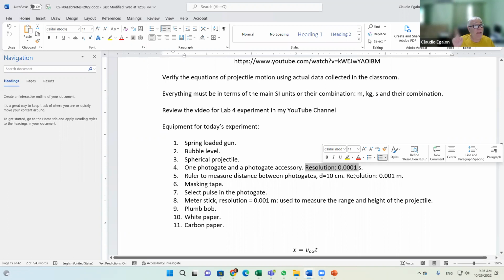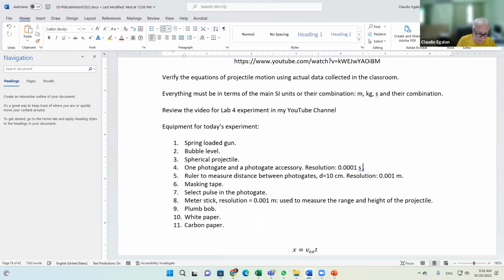Think about that. The timer in your cell phone has a resolution of a hundredth of a second. So this thing is two orders of magnitude better than your cell phone. That's what the resolution of the photo gate is all about.